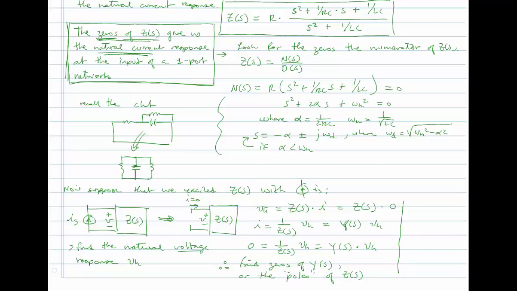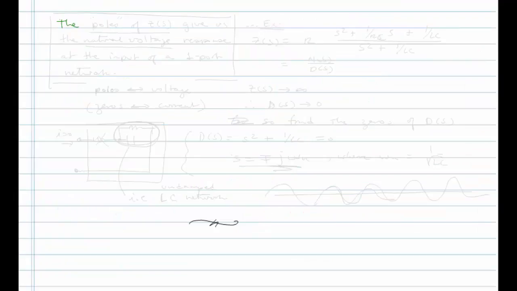Okay, so we can make a general statement here for the case where we're looking for the natural voltage response. We'd say the poles of Z of S give us the natural voltage response at the input of a one-port network.